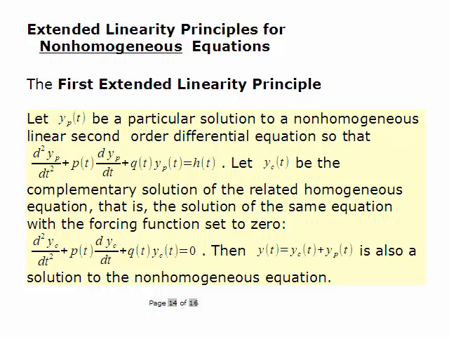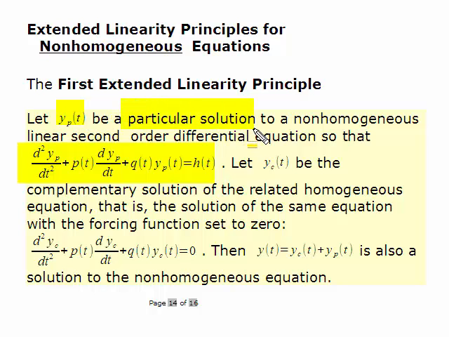Now for the non-homogeneous equations, as in the case for the first order equations, we have two extended linearity principles, and I'll just write them here for review. So we have a second order differential equation, and we find two solutions for it. One is called a particular solution.